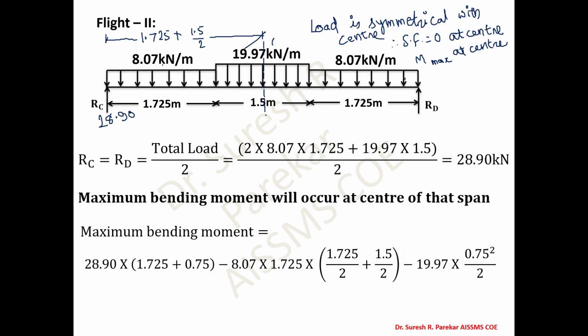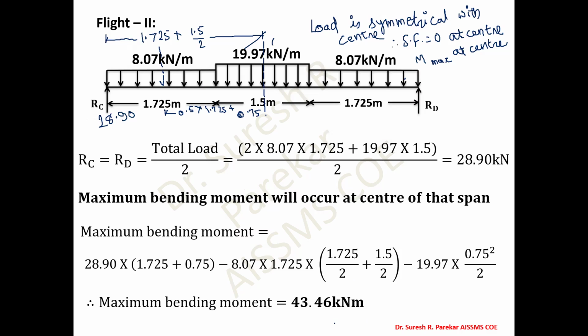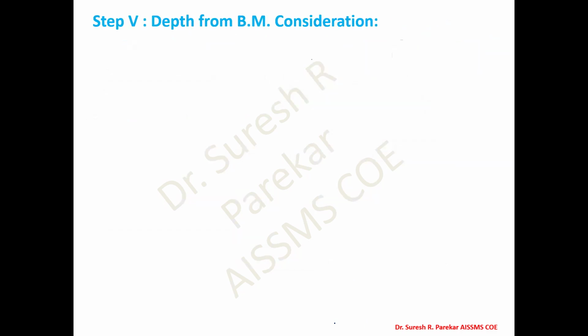And then due to 8.07, 8.07 into 1.725. This will be total load, where it will act at the center. So we have 0.5 into 1.725 plus 0.75 plus 0.75. And then we will have maximum bending moment 43.46 kilonewton meter.